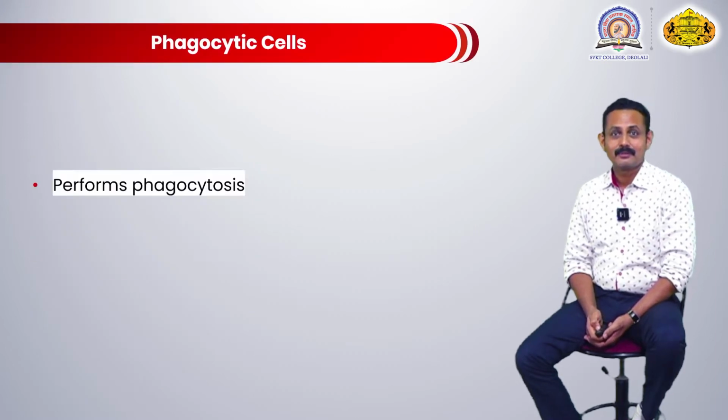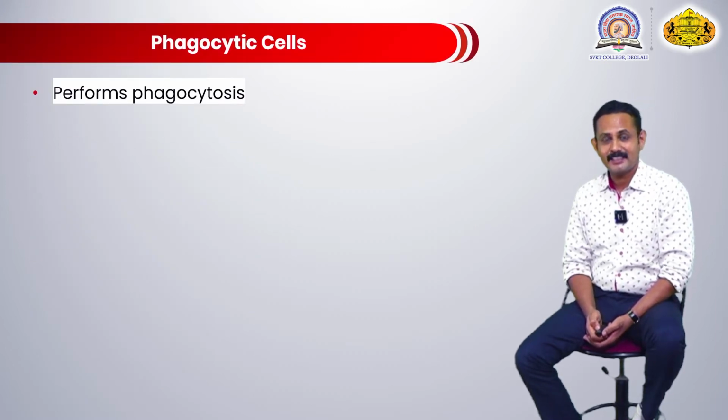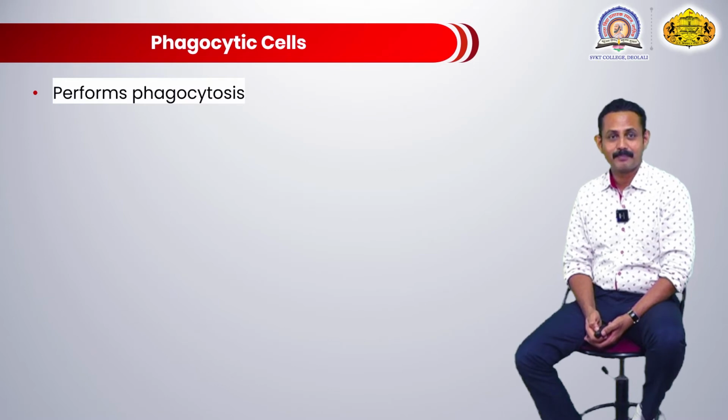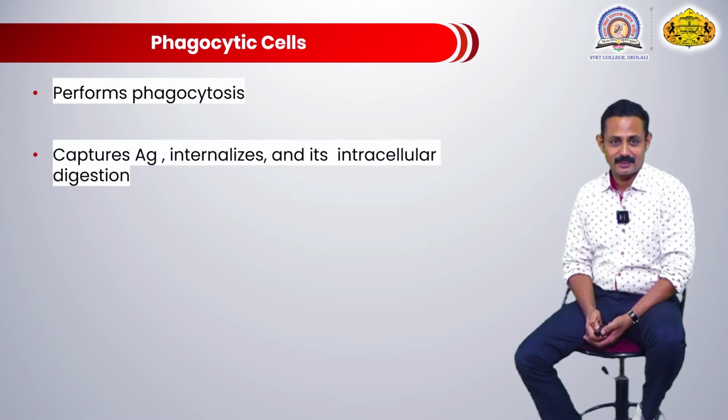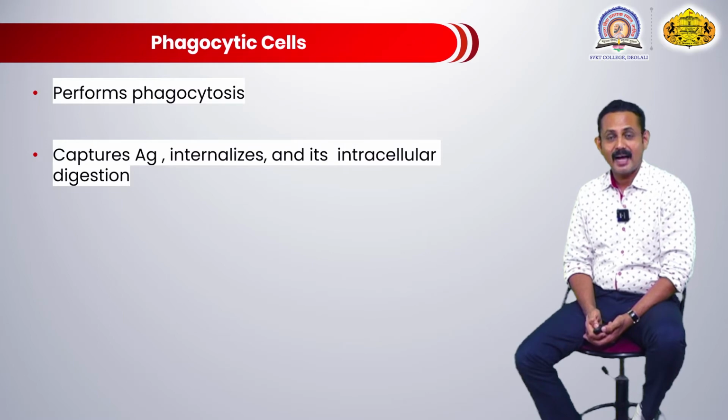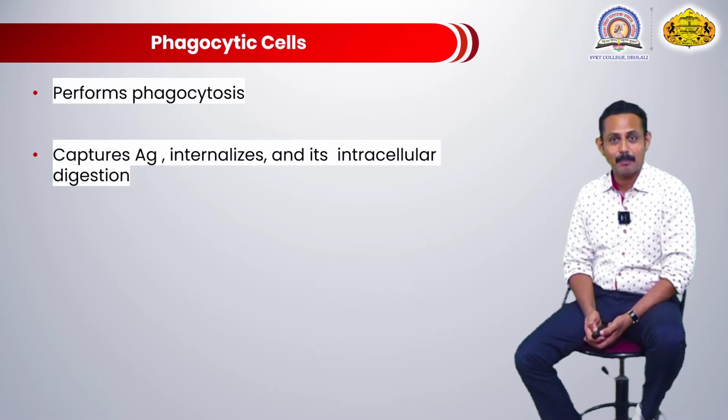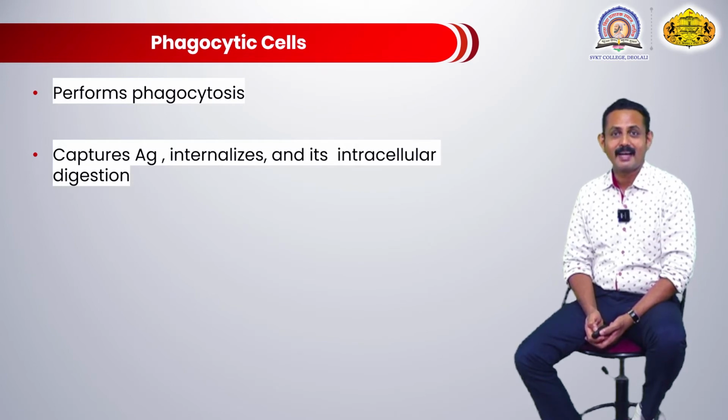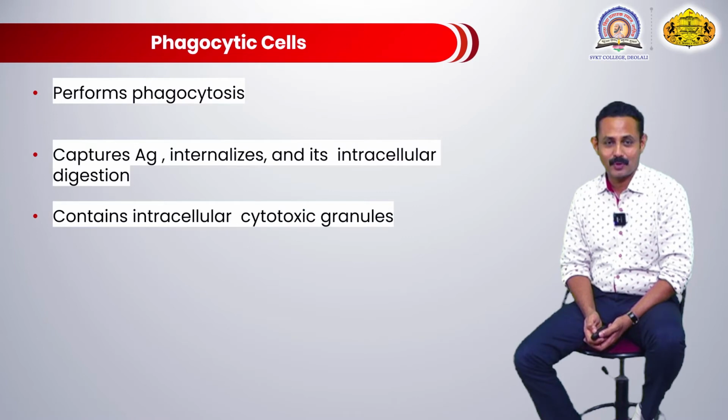Now, which are these phagocytic cells? As I already told you, they are named so because they perform the process of phagocytosis. In phagocytosis, the antigen is captured and internalized, and after internalization its digestion takes place in the cytoplasm by a variety of mechanisms, due to which the antigen is completely destroyed.